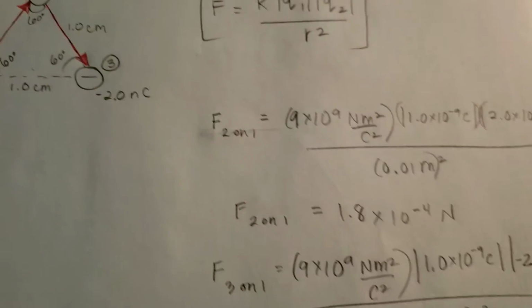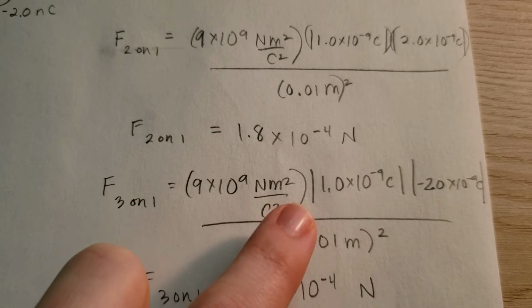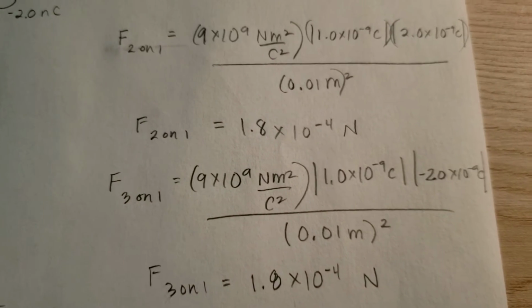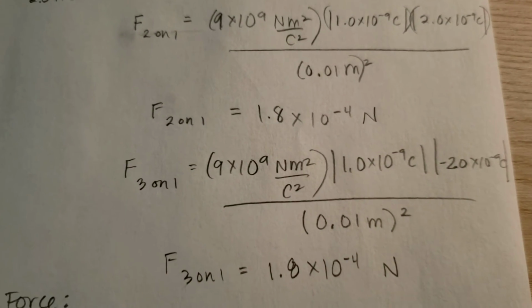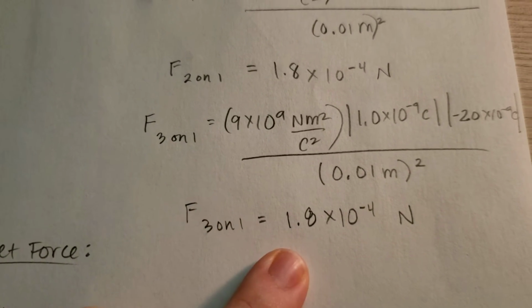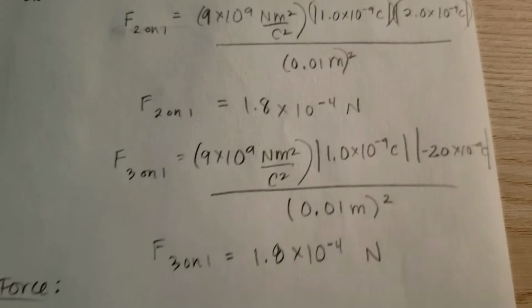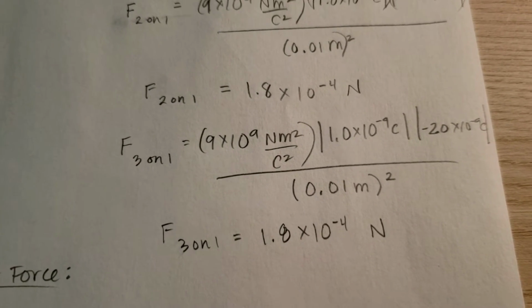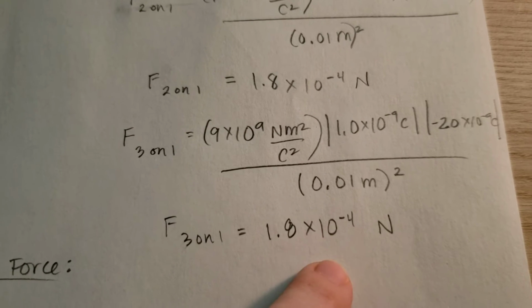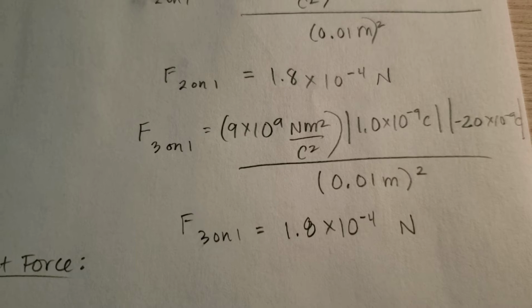So the force of 3 acting on 1 is also equal to constant K times Q1 times Q2 divided by that r squared, and we get the same force because you can see here we're taking the absolute value of a negative and a positive of the same number. So both of those forces are equal to 1.8 times 10 to the negative 4 newtons.